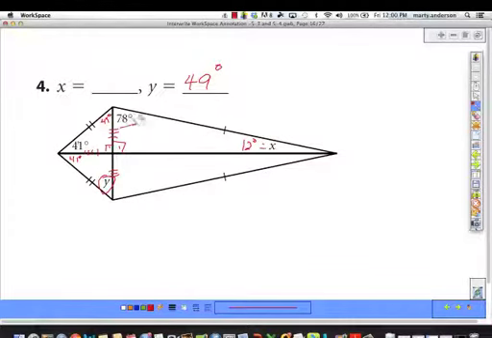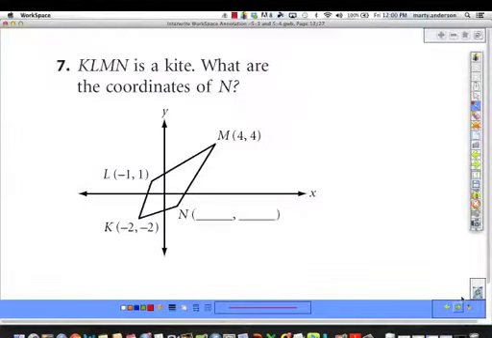Notice I've got a triangle with a 78, a 90, and what we're missing, so this is going to be 12 degrees. Lots of congruent triangles in our kites because of side, side, side. That does it for our trapezoid and kite problems. Let's move ourselves on.